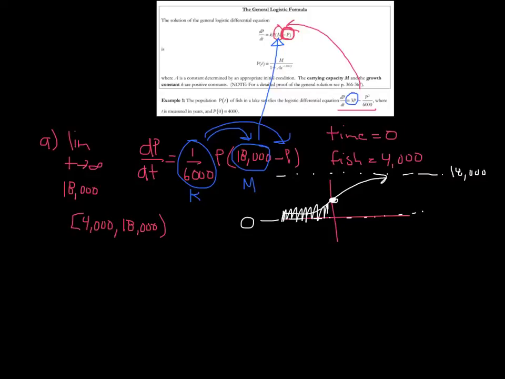And letter C, it's asking us now to write the equation for P of T. Well, it says up here in our little notes that P of T is equal to M, which we now know is 18,000.